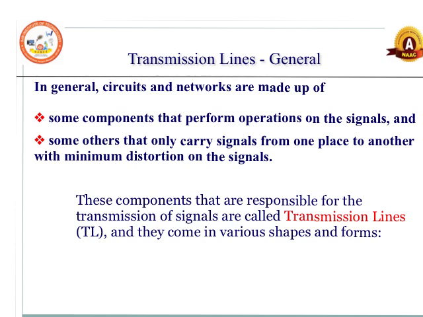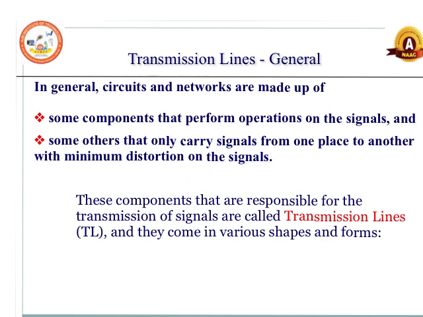Whenever we talk about any circuits or networks, they are mainly made up of components that perform operations on the signals, and some other components that only carry signals from one place to another with minimum distortion.